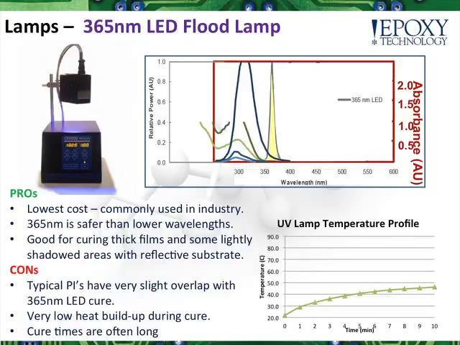Some of the issues here is, as you can see from the graph on the top, the photoinitiators do overlap with the lamp output, but only slightly. Additionally, they don't build up as much heat as your standard mercury lamp. This, in some cases, can lead to substantially longer cure times. And we'll get into some of the data of how that actually works.